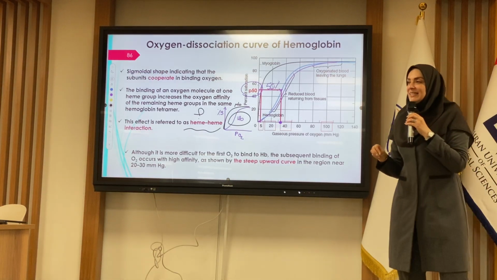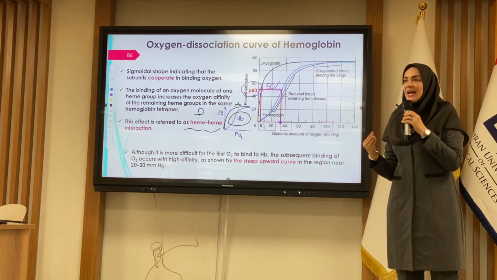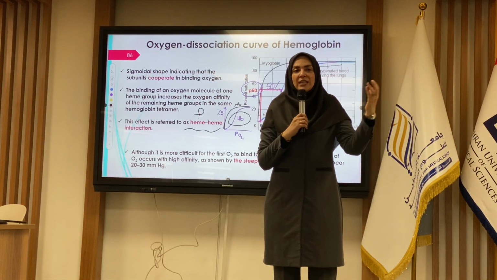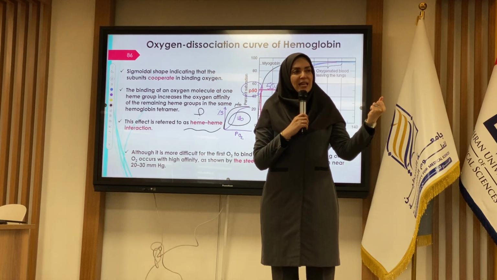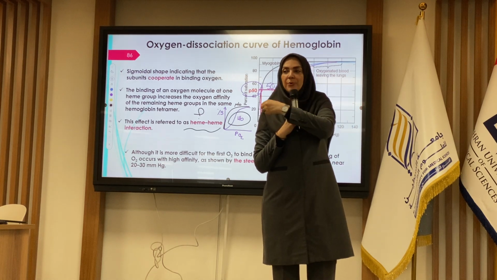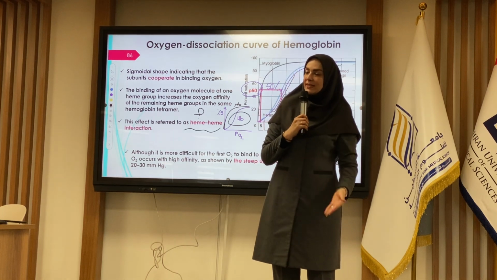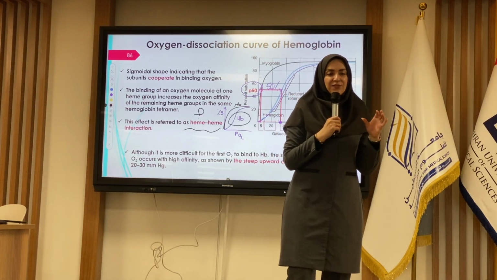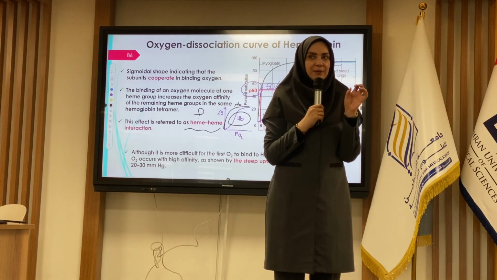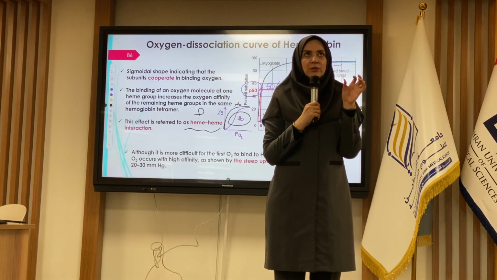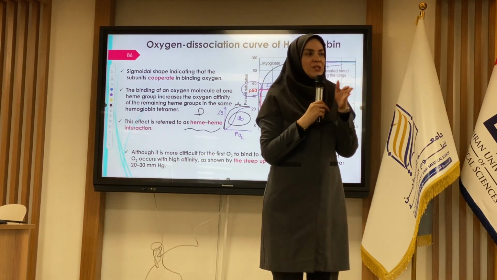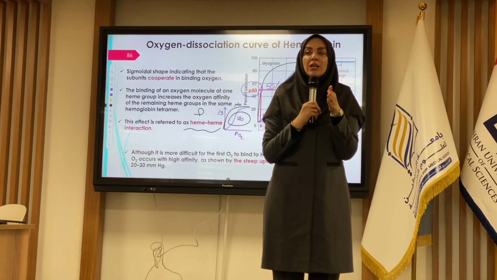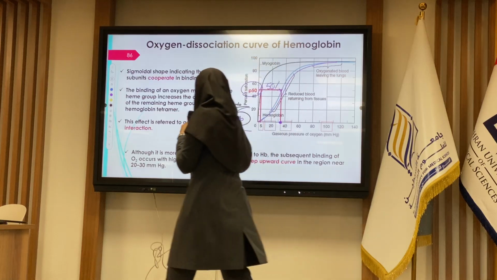Okay, and this process is known as the heme-to-heme interaction, meaning the binding of one oxygen can be affected by the presence of the first, second, or third oxygen. Whenever you have an interaction between units of a molecule, especially for the hemoglobin, you say heme-to-heme interaction.